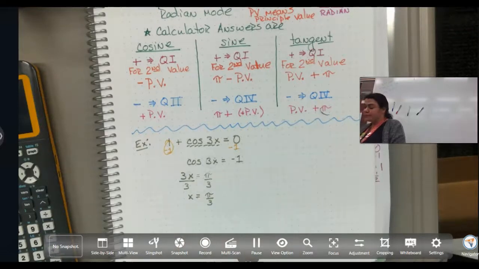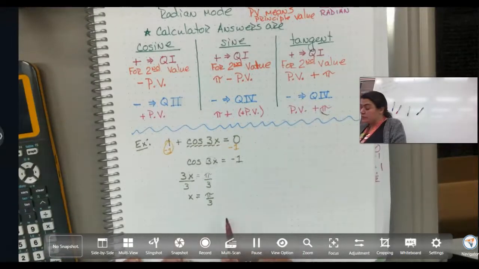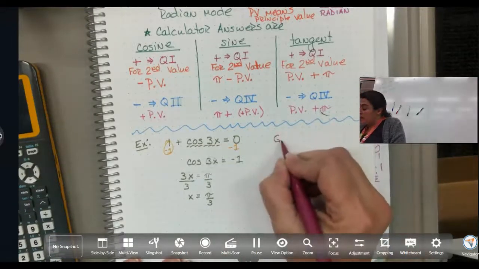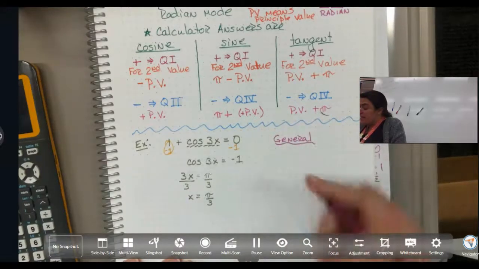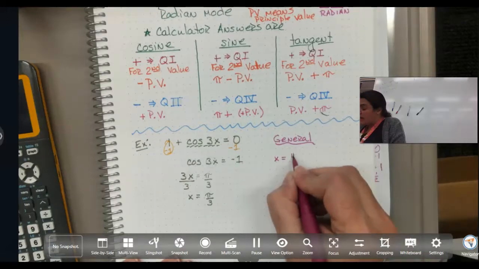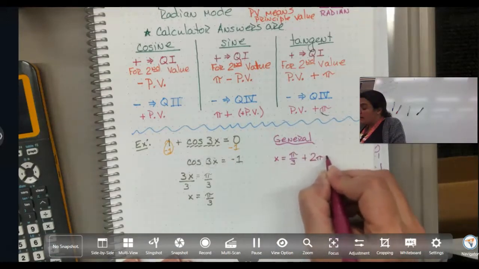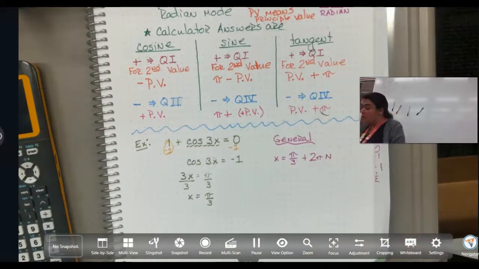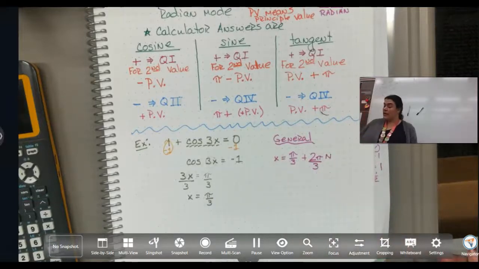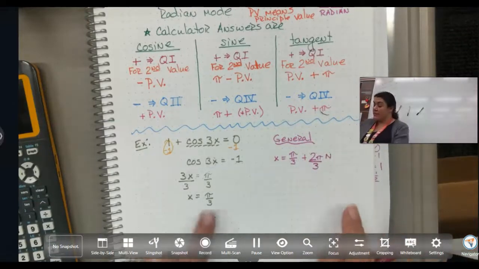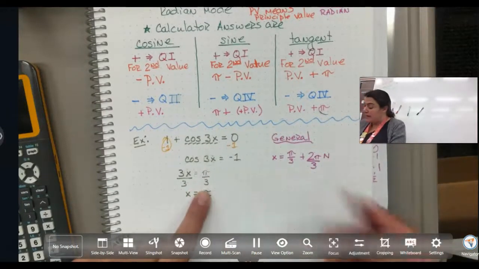Now if I wanted to turn this into the general solutions, I would take that x equals pi over 3 and add 2 pi n, but it's going to be 2 pi n over 3, because if you remember, I do my general solutions before I do the dividing.